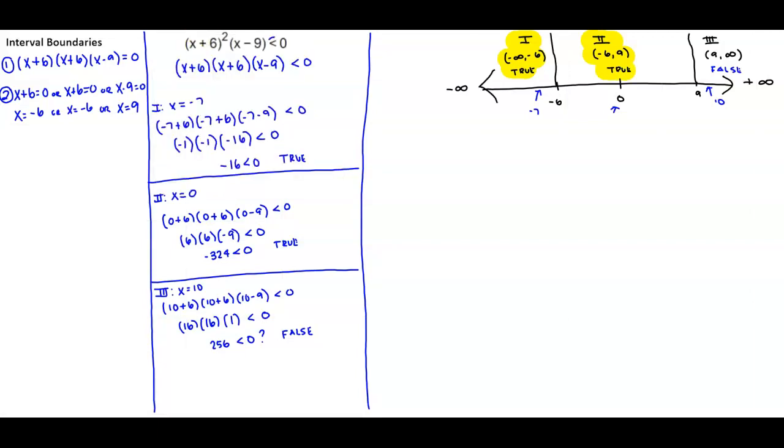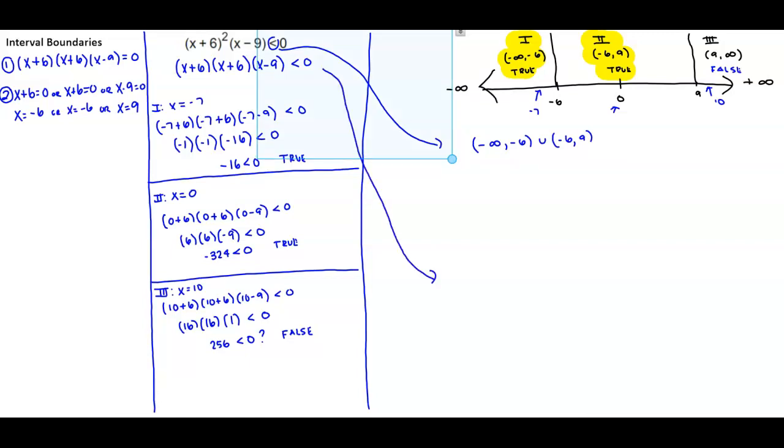We have a less than symbol, which means we're not going to use a bracket. So if you notice here, it is from negative infinity to negative 6, union negative 6 to 9. There's a reason why we have to write it this way: we cannot include the negative 6. Let's plug it into the original inequality.